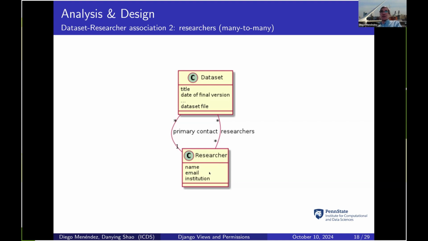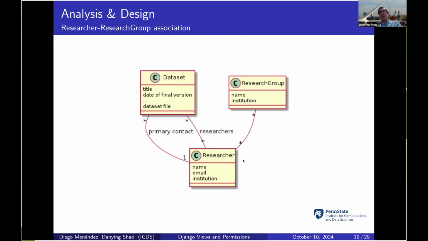And because researchers also belong to research groups, and each researcher may be in one or more research groups of this project, and each research group may have one or more researchers. This is the basic conceptual model or domain model that we will be working with throughout the rest of this project.